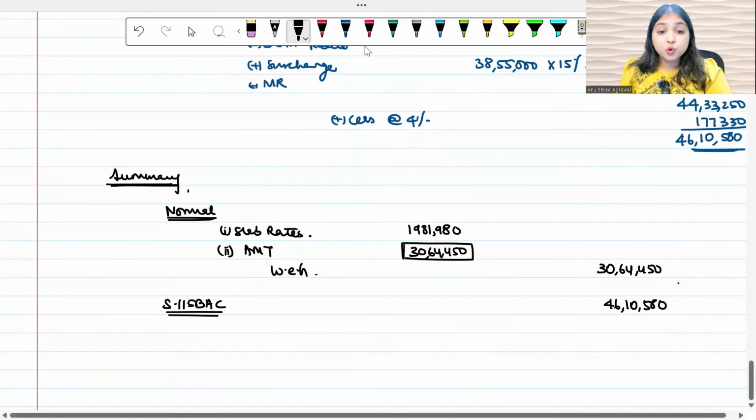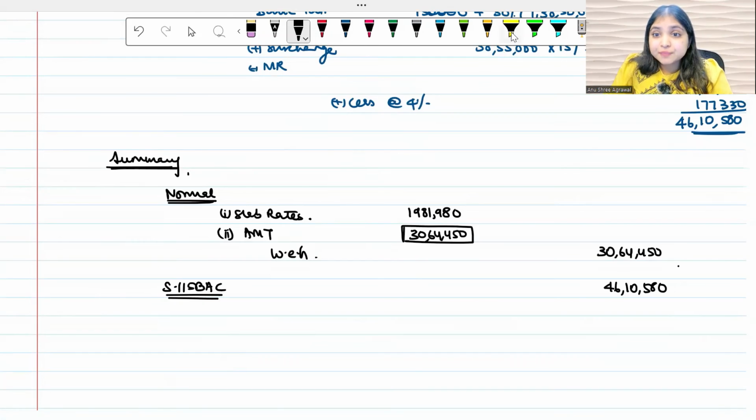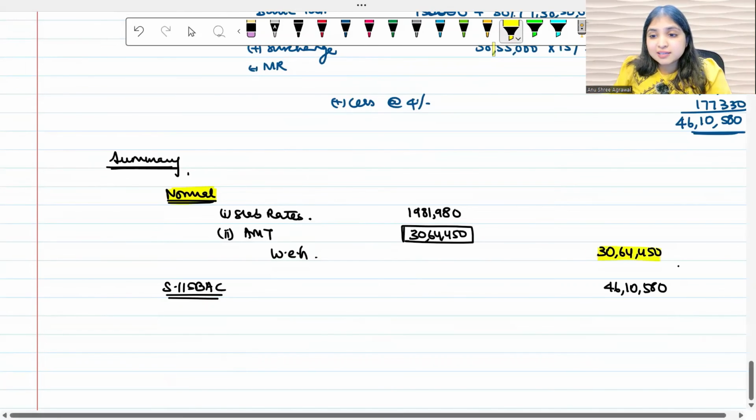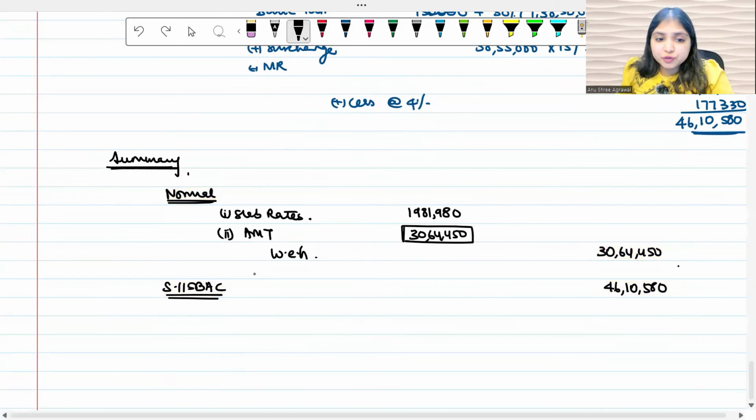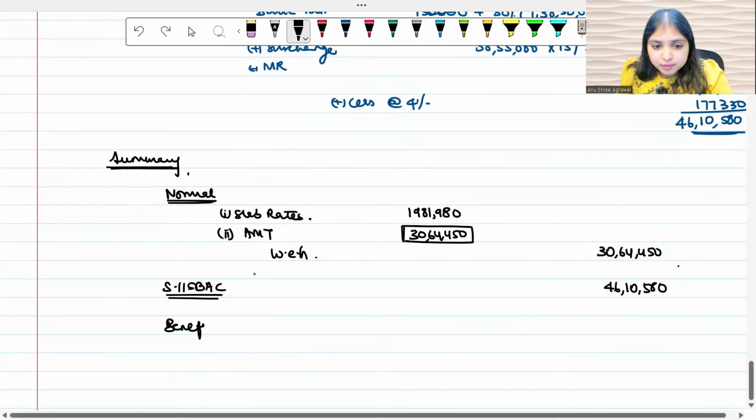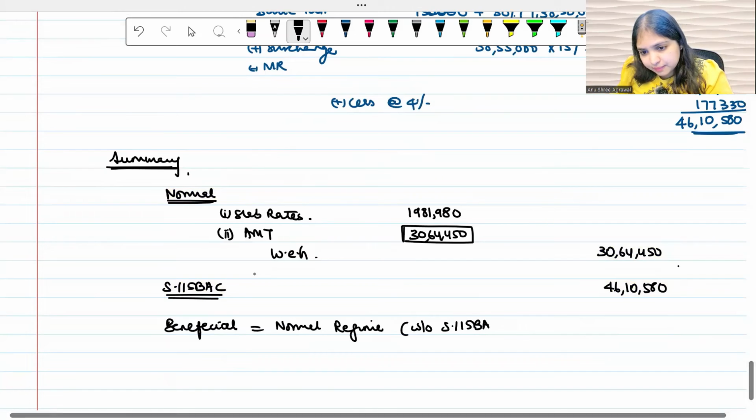So what are you going to suggest to the assessee? What should the assessee follow? Which is more beneficial for the assessee? Under normal provisions, 30,64,450. Under 115 BAC, 46 lakh 10,580. So which is more beneficial for the assessee? Beneficial will be your normal regime, which means without 115 BAC.